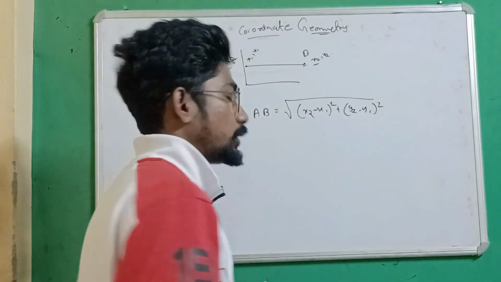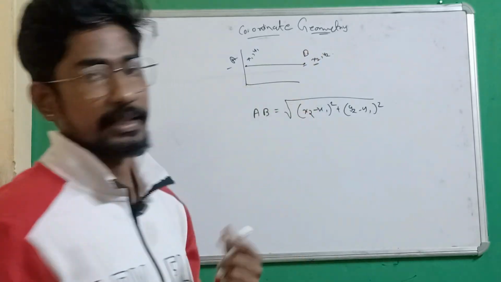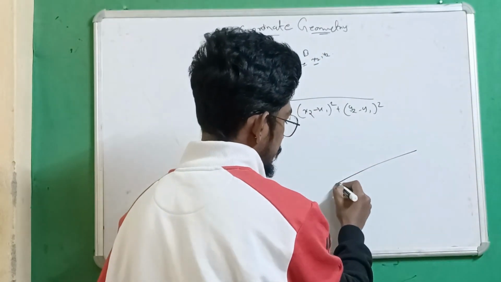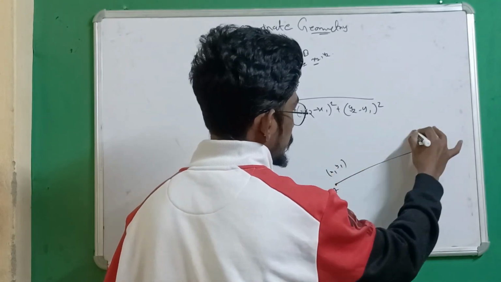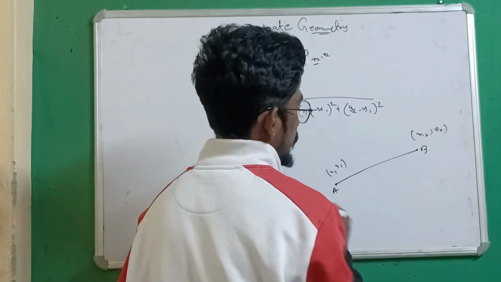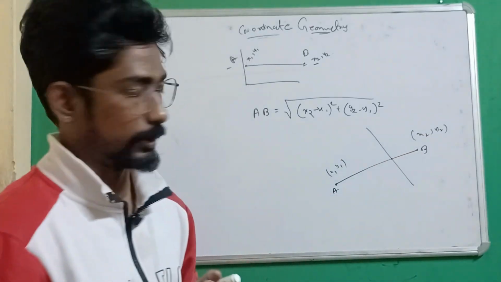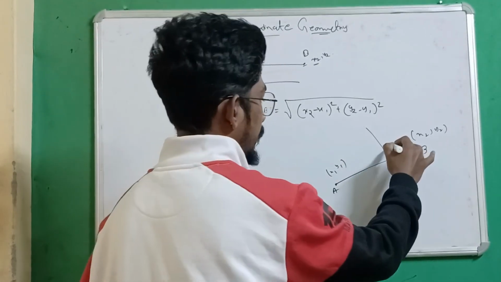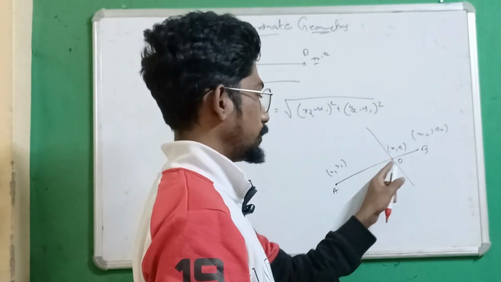Okay, now there are 2 things you need to remember. If a line is bisected or trisected, this is a straight line A and B, this is x1 comma y1, this is x2 comma y2. If the line is intersected at this point, this is a point O, you have to calculate the locus of the point.